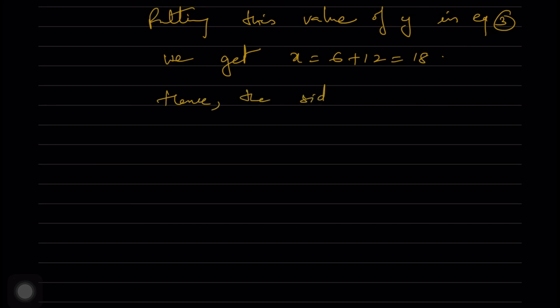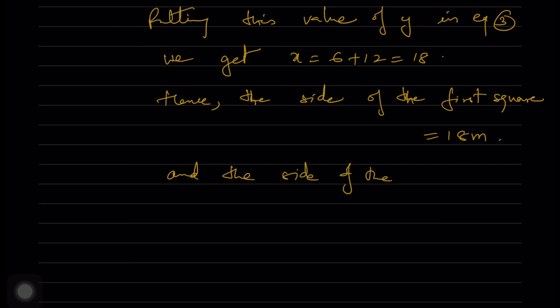Hence the side of the first square is equal to 18 meters, and the side of the second square is 12 meters.